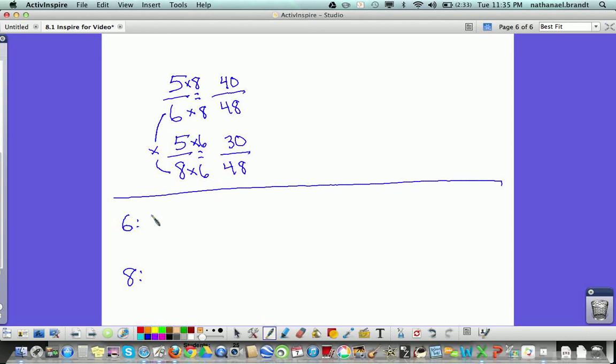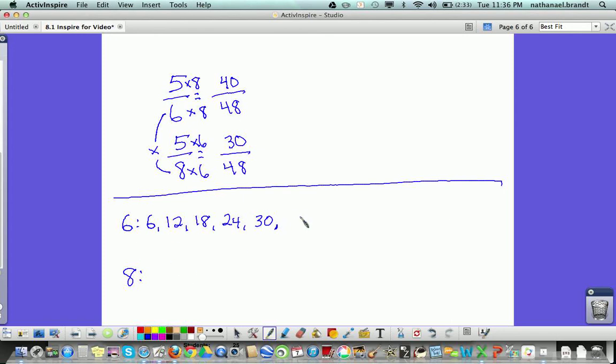So 6 times 1 is 6, 6 times 2 is 12, 6 times 3 is 18, 6 times 4 is 24, 6 times 5 is 30. Or you could just count by sixes: 6, 12, 18, 24, 30, etc. I'm going to stop here.